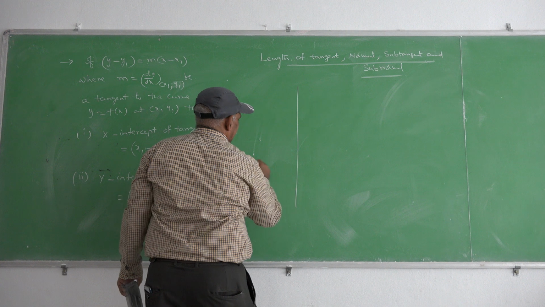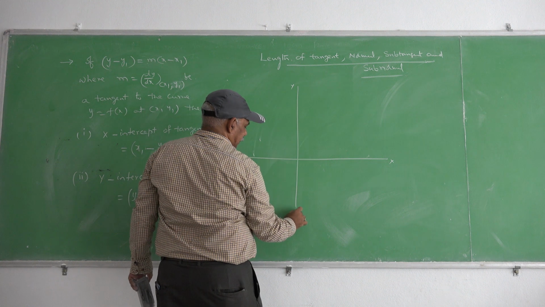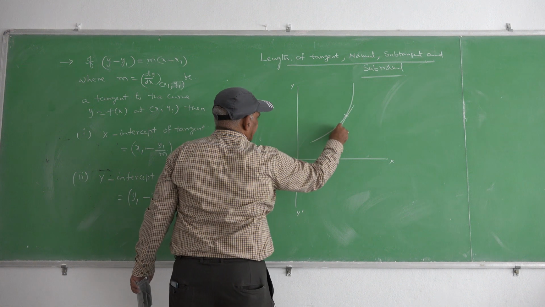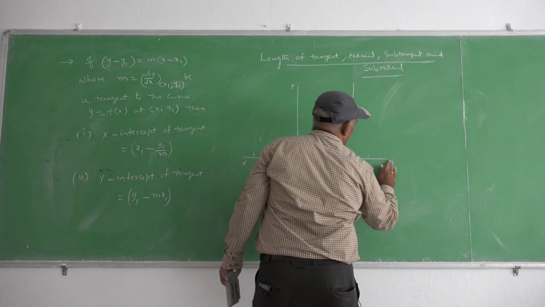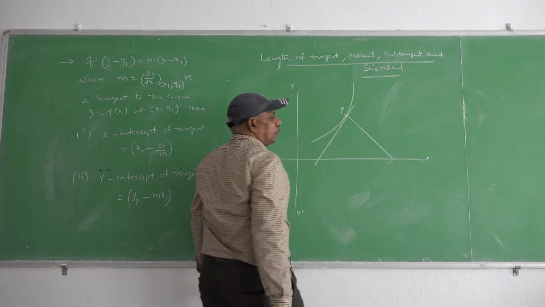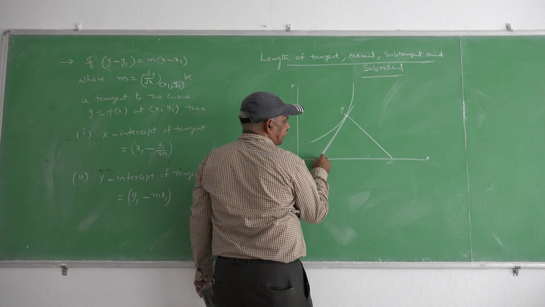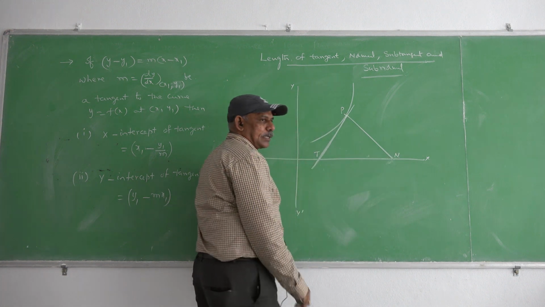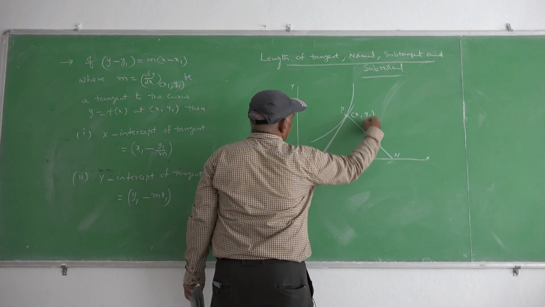Let us take this figure, x-axis, y-axis. Let us take this curve, and a tangent is considered to the curve at P, and the normal is drawn to the curve at P. Suppose this tangent meets the x-axis at T, and the normal meets the x-axis at N. Let us suppose this is the point x1, y1.